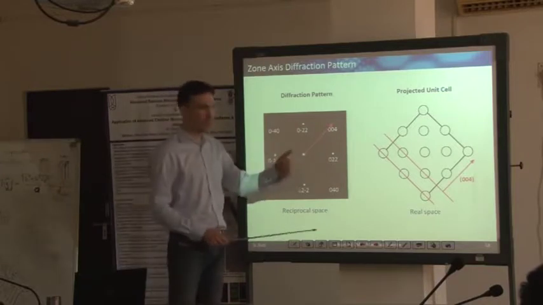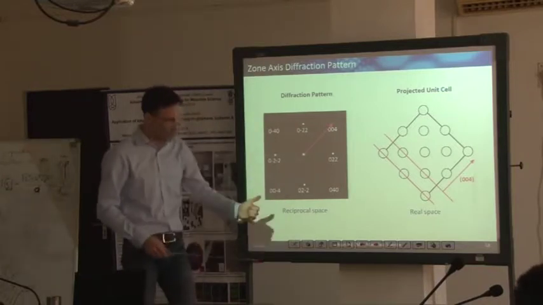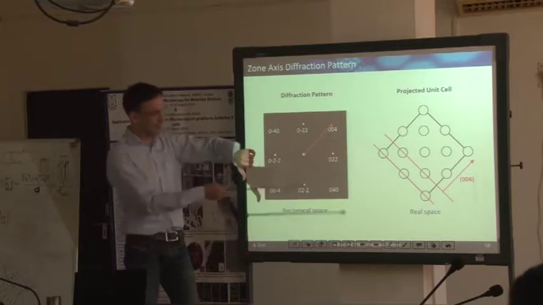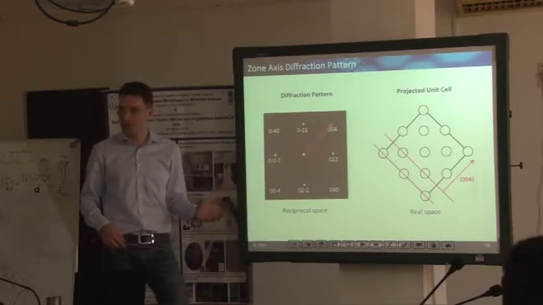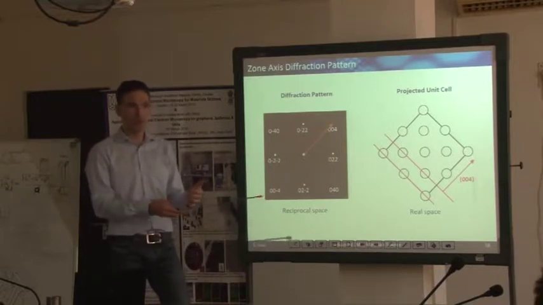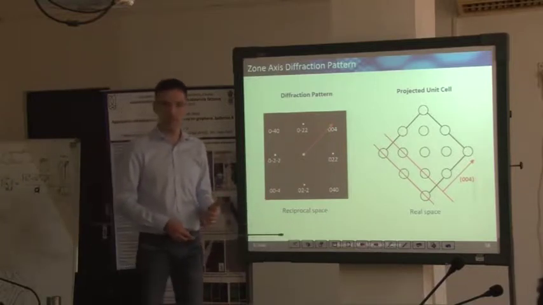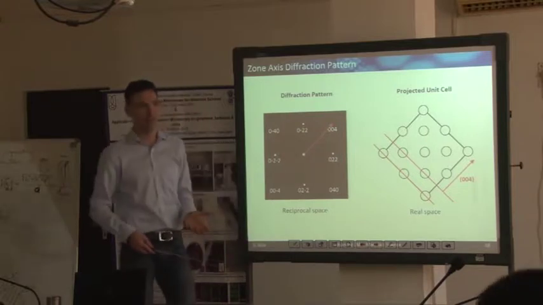Because the scalar product of 1, 1, 1, which is our propagation direction, and any 004-type reflection would not equal 0, those vectors are not perpendicular, meaning that this reflection doesn't show up in the diffraction.